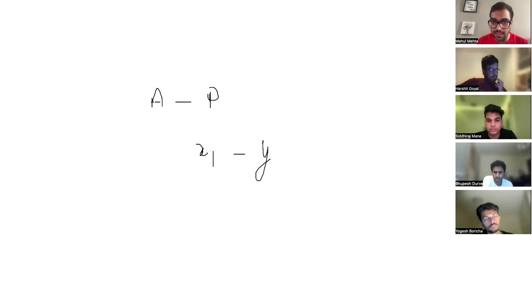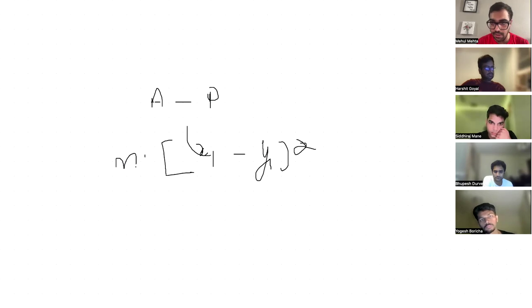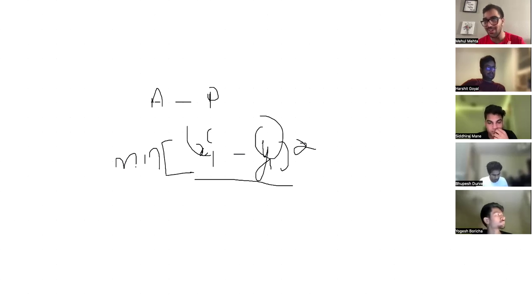In OLS, what you are trying to do is minimize this thing: the sum of the squares of the difference between your actual value and your predicted value. That's it. Understood this concept? And that's why we say ordinary least squares. Least means minimizing the square of the difference.